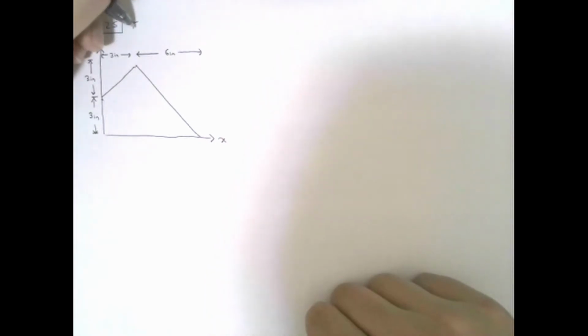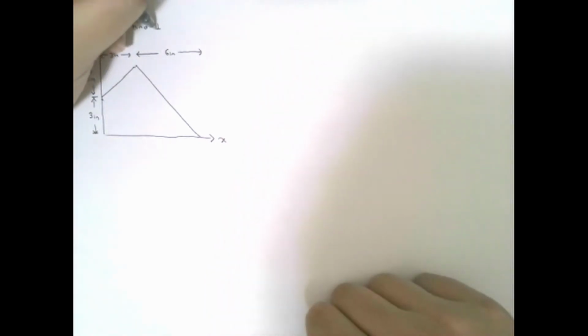Good. So we would like to find, for 10-25, the moment of inertia about the x-axis, and for 10-26 the moment of inertia about the y-axis. So let's start with the x-axis, right? What we have here is a composite shape, and by composite shape I mean an irregular shape that can be divided into simple, easy to calculate shapes.